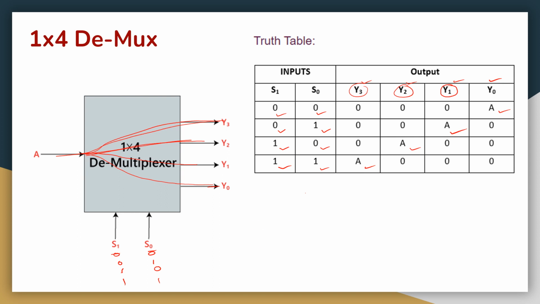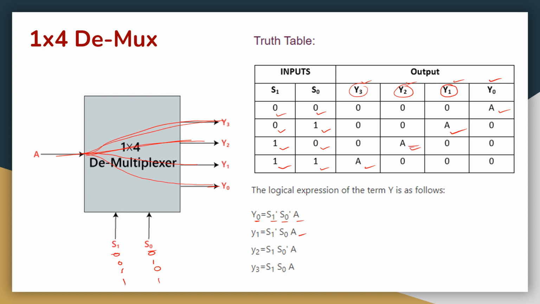So, Y0 value. Now see, Y0 is enabled whenever S1 bar and S0 bar and A. So Y0 equals S1 bar S0 bar A. Y1 is S1 bar S0 A.